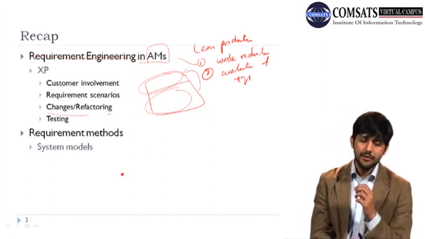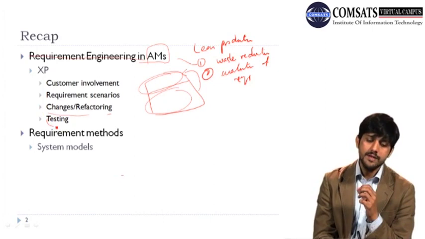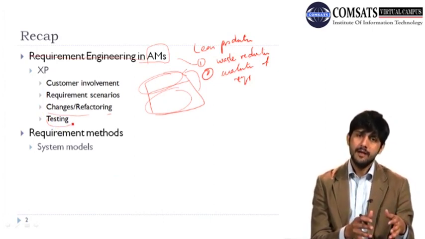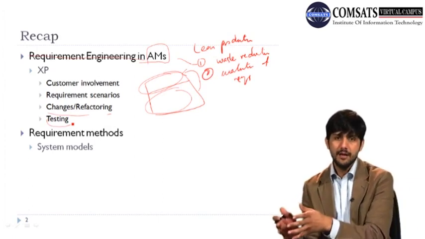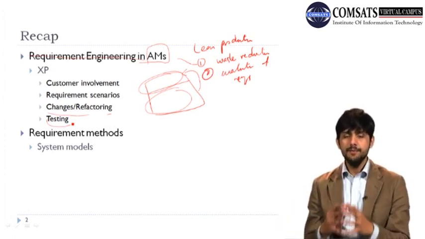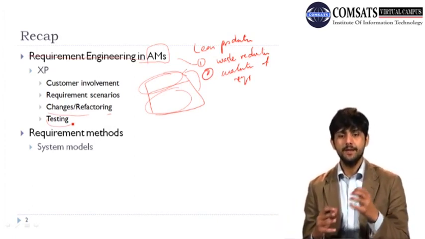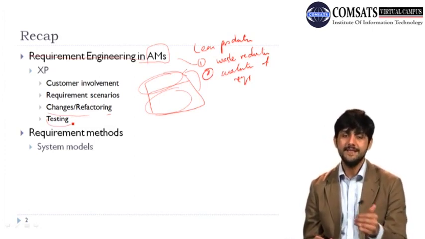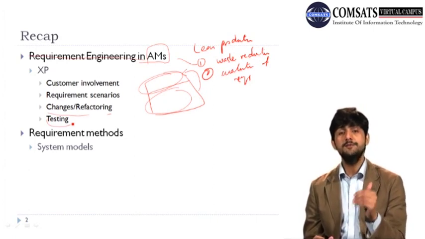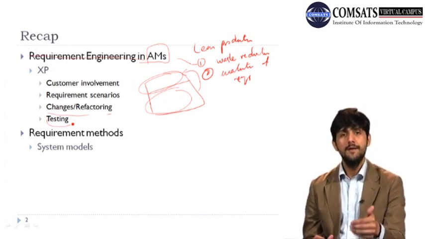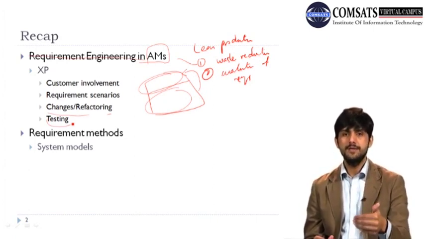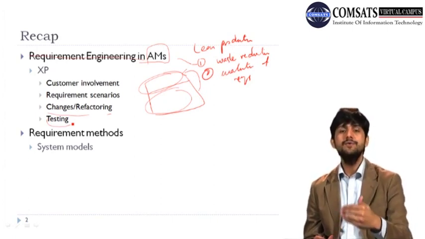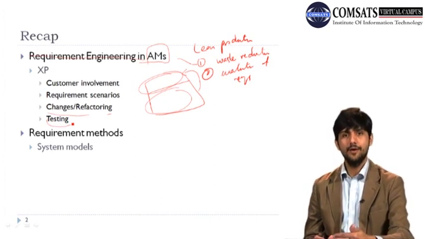And then we talked about testing and how testing in extreme programming helps us in requirement engineering. So we said that extreme programming testing is based on the principle of test-first development, that you develop the test cases first. So developers are responsible for testing their code. Before each developer starts working on his task, he or she would have to define the test cases for it first.